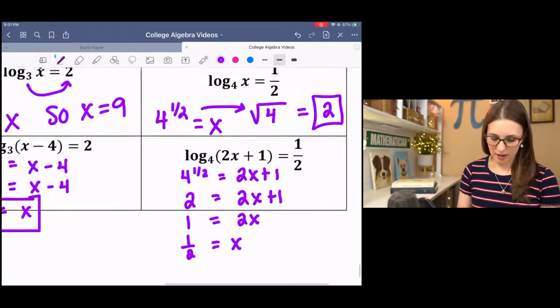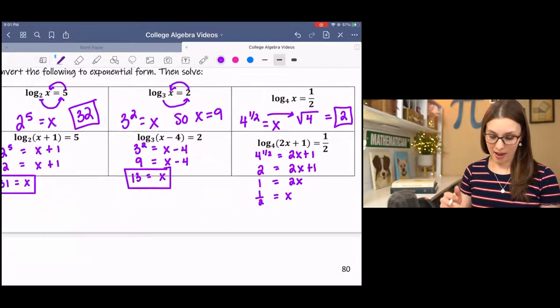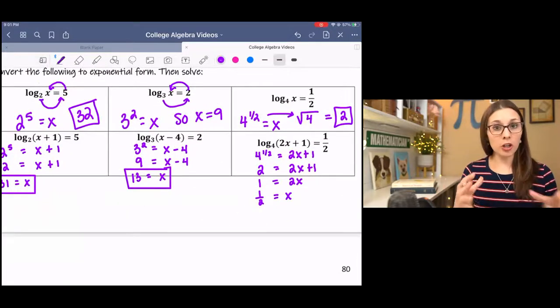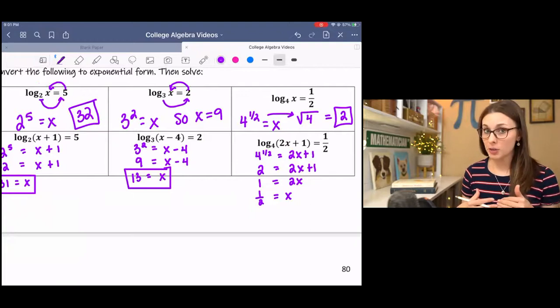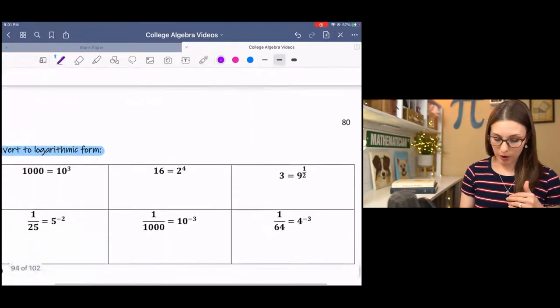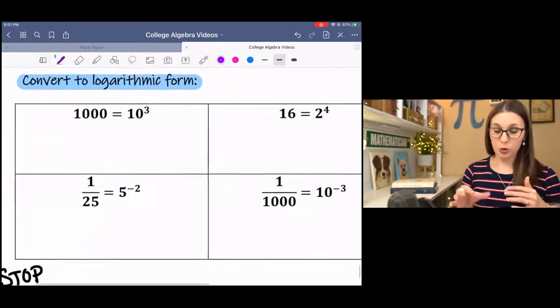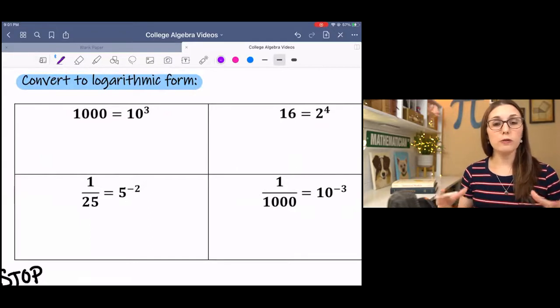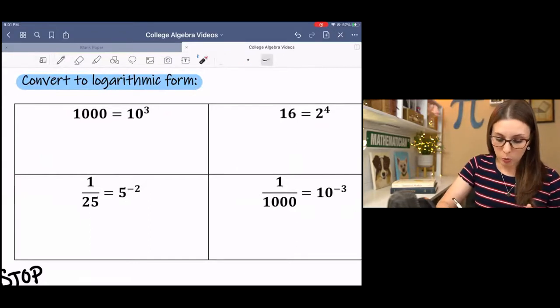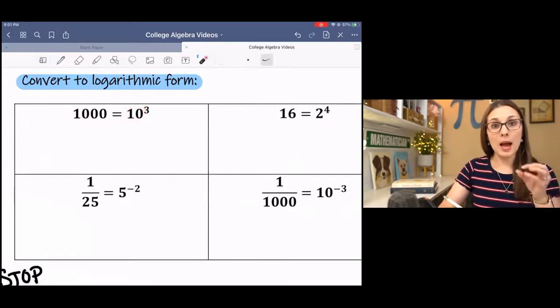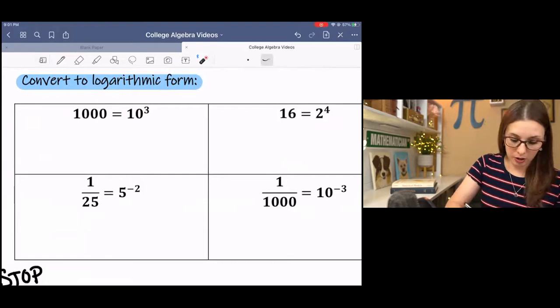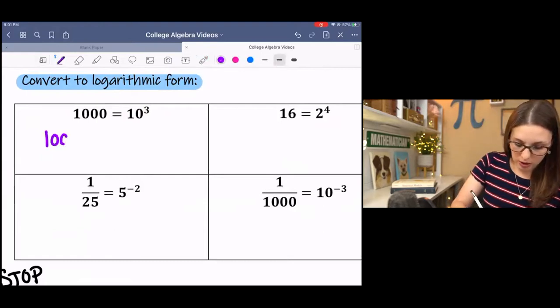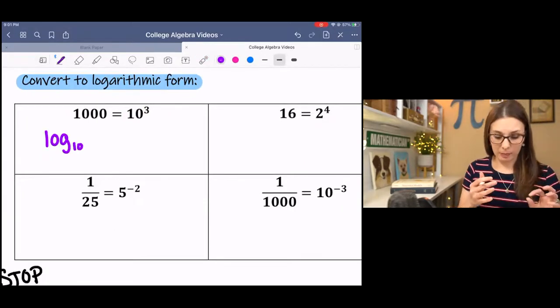Not too bad. Now we're going to go the other way. So we've practiced starting with logs and converting to exponents. Now we're starting with exponents and we're converting to logs. Now, in exponential form, you have a number with a base, and that base translates to the base of the log, which is here, the little guy.